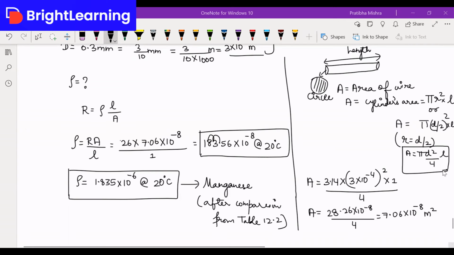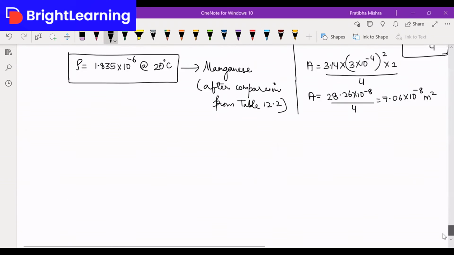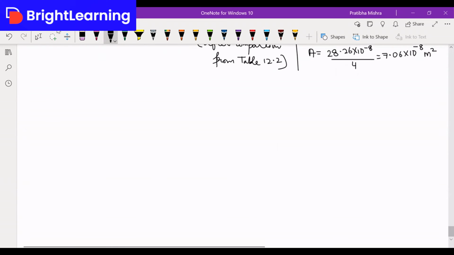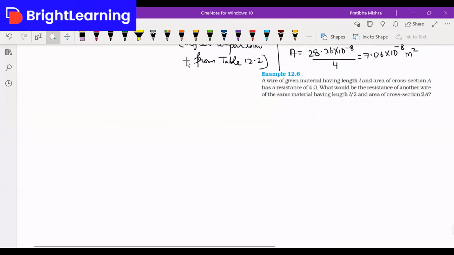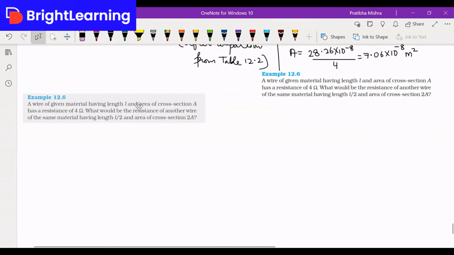So I've just got the question. I'm just going to put it here after scrolling it down. So here's the question. Let's move the question. I'm unable to select it. Yeah, now I can move it.